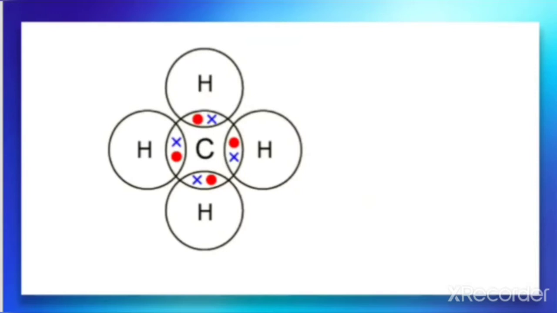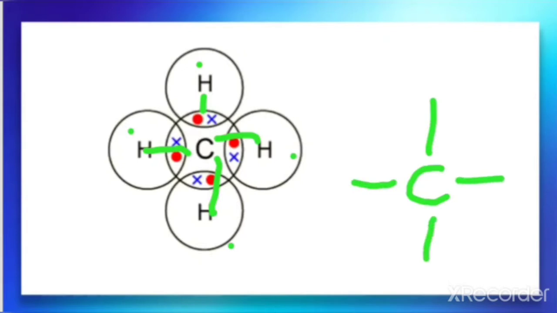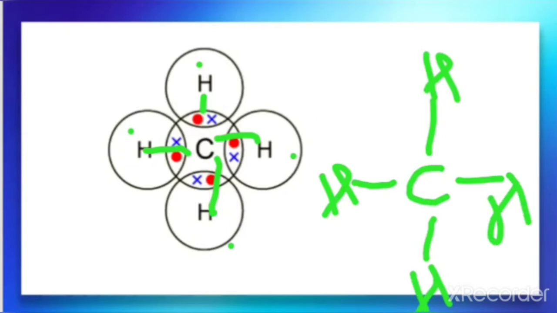So the 4 electrons of carbon and 1 electron of each hydrogen will be shared and form covalent bonds. So a single carbon is sharing 1 electron with each of 4 hydrogen atoms. So we can say that there are 4 covalent bonds in this molecule, but it is not called double or triple. It is single. 4 single covalent bonds are there.